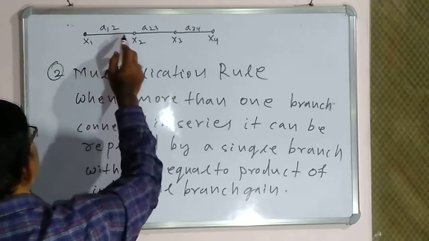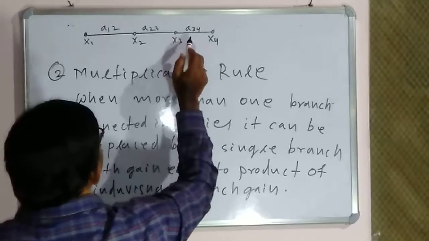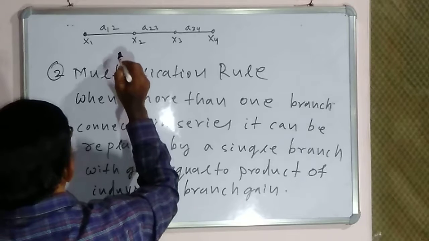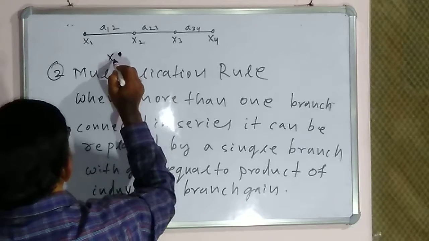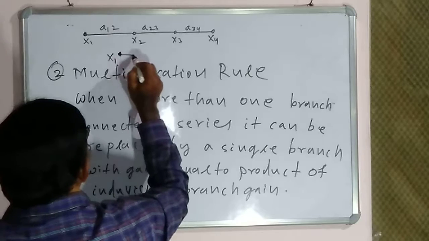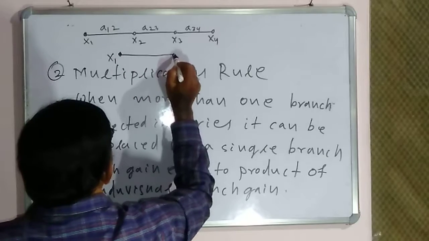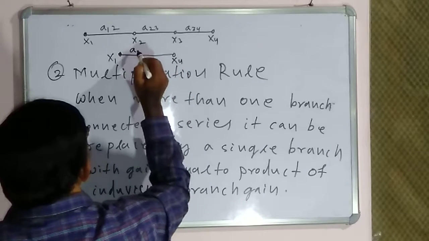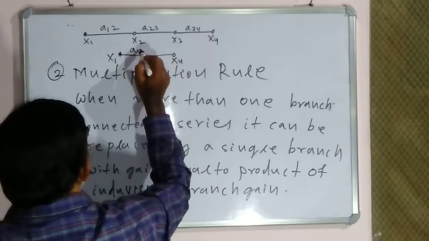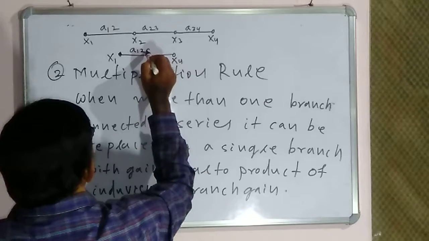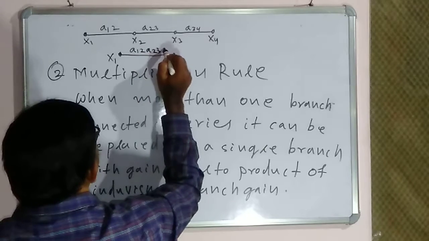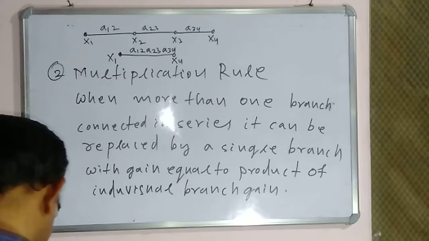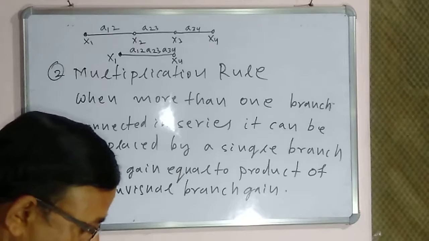The gains are a12, a23, a34. And this can be replaced by a single branch from x1 to x4, where the gain is the multiplication of the individual gains a12, a23 and a34. So this is called multiplication rule.